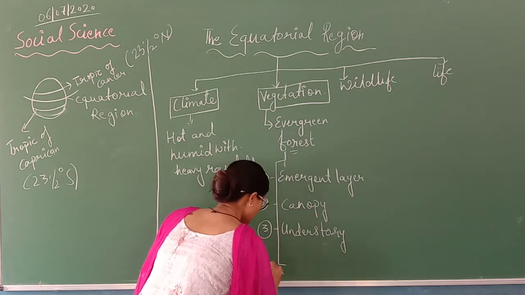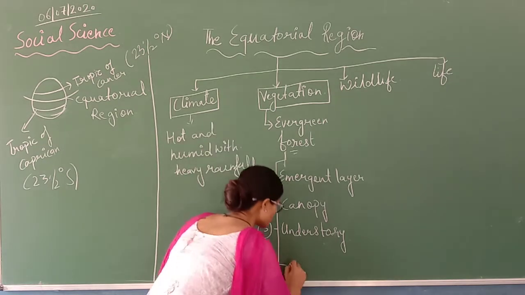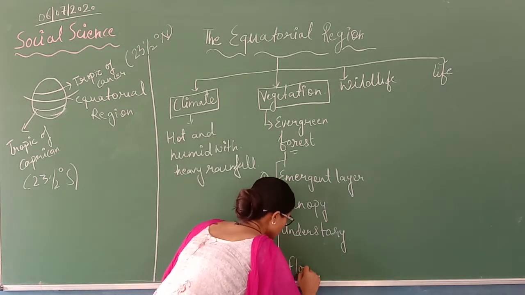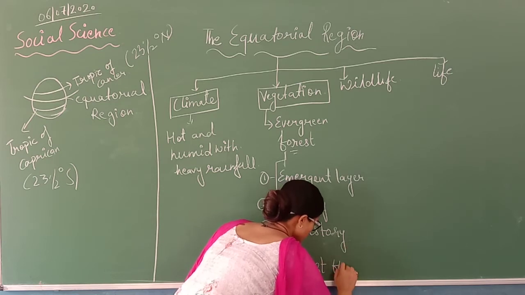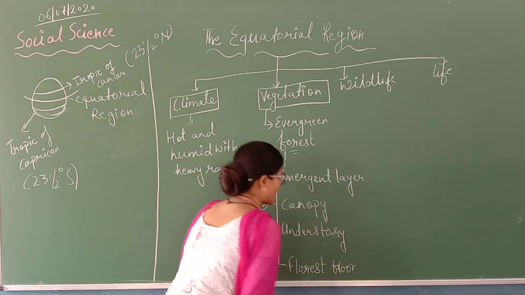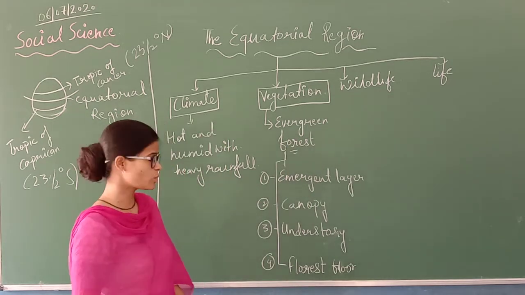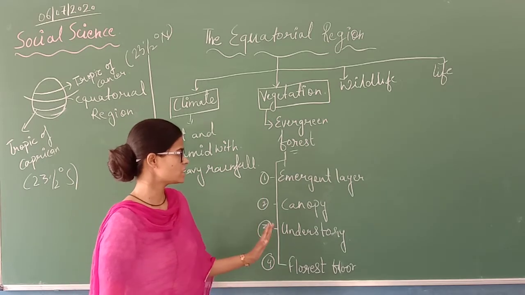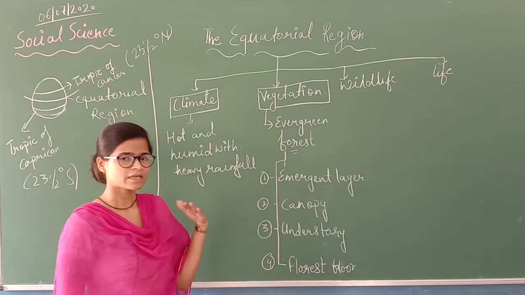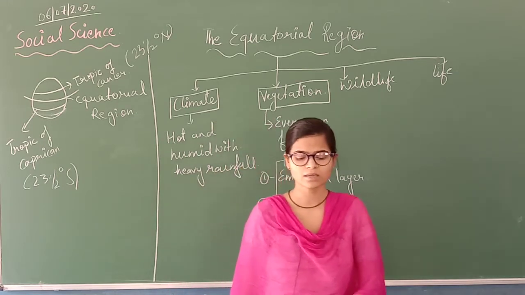And the last one, the fourth one, my dear students, is the forest floor. That means these evergreen forests are divided into these layers. These are the layers which tell us how plants are divided in the evergreen forest.